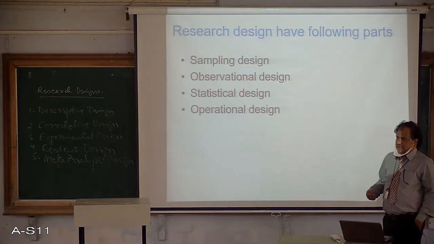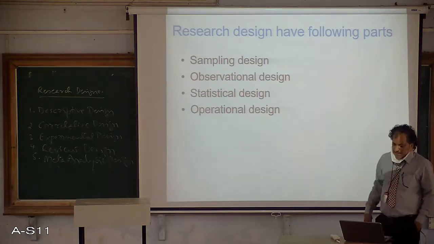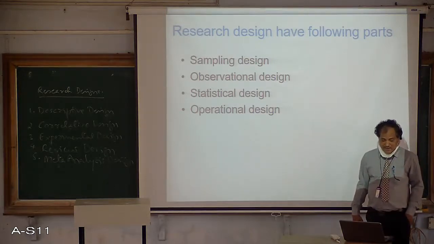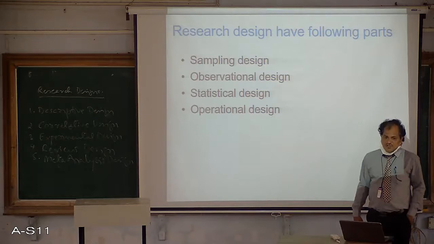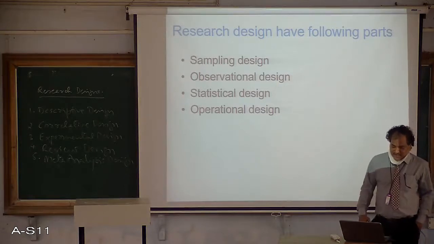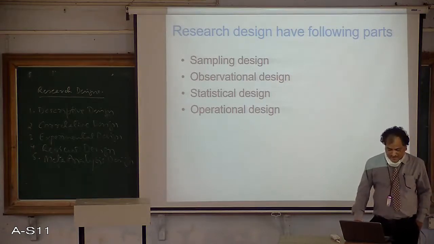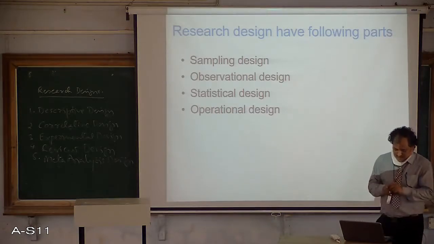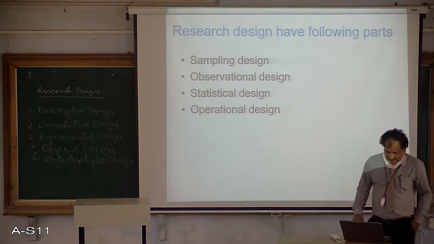So today in this class we'll see in brief some terminologies of the research design, and we will see how these terminologies will help us in adopting some research design methods like sampling design, observational design, etc. So let us have an insight into these different design parts.